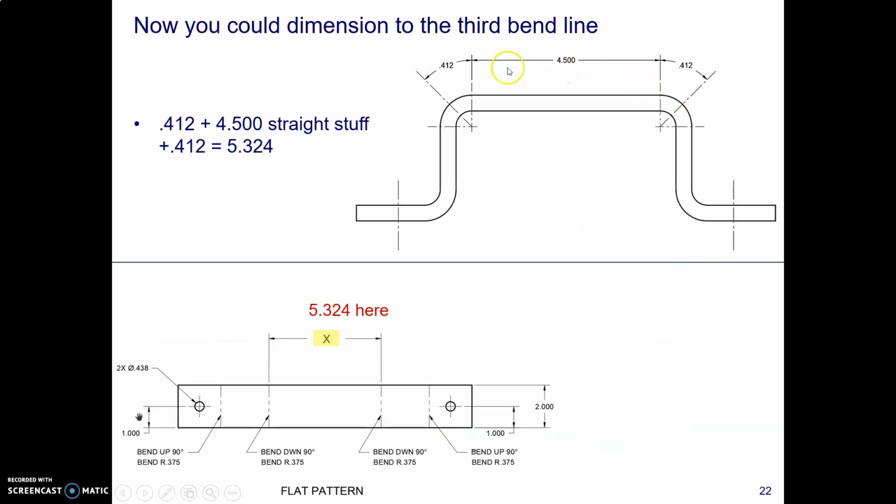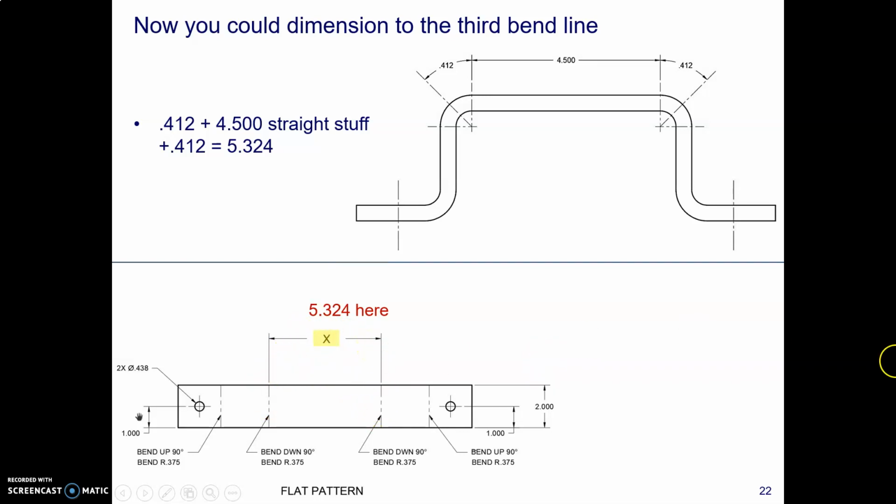We are left with a straight segment that is 4 1/2 inches long. And if you're locating your bend line, you have that 0.412 curvy part plus the 4 1/2 inch straight part plus another 0.412 curvy part. Those three numbers add up to 5.324. So that is the distance from the second bend line to the third bend line in the middle here.